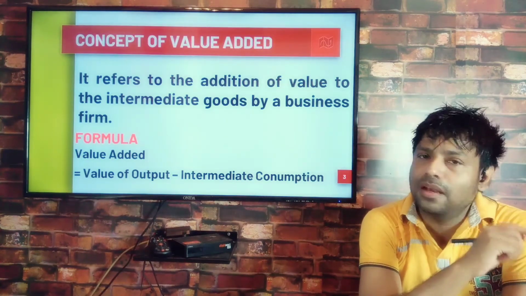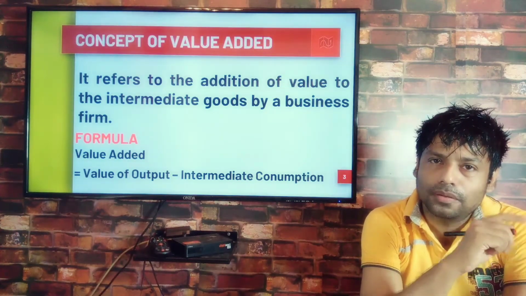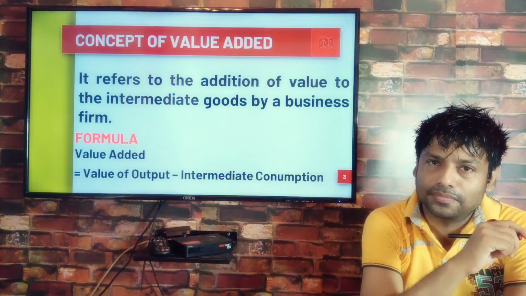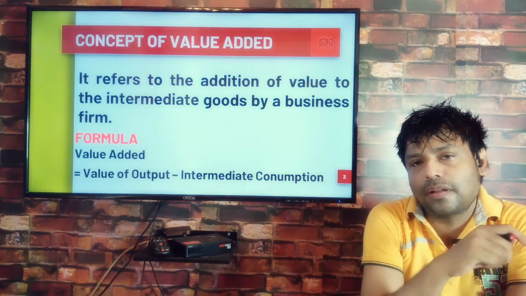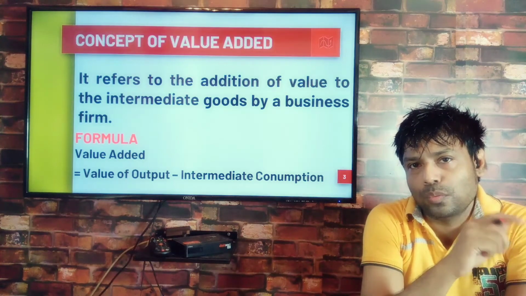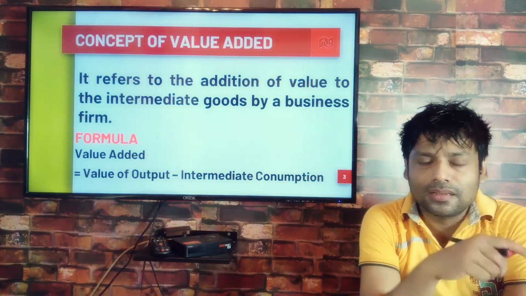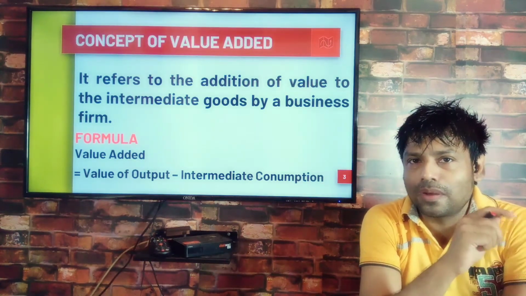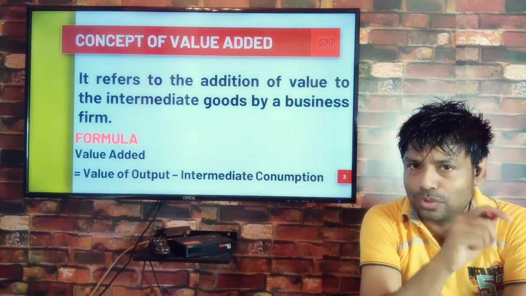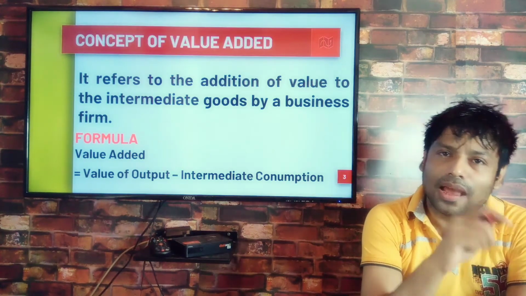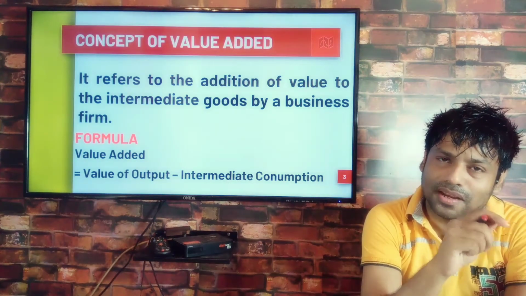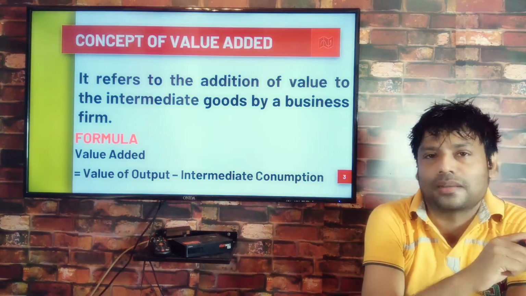Let me give you an example. Suppose a baker buys flour worth rupees 100 from a miller and then converts that flour into bread worth rupees 120. Now you can see that flour is an intermediate good valued at rupees 100, and its value is regarded as intermediate consumption.